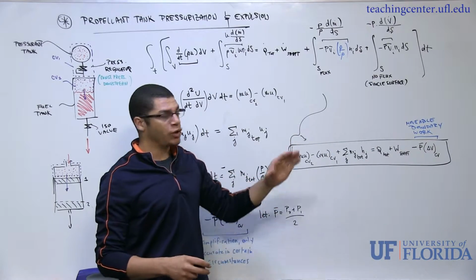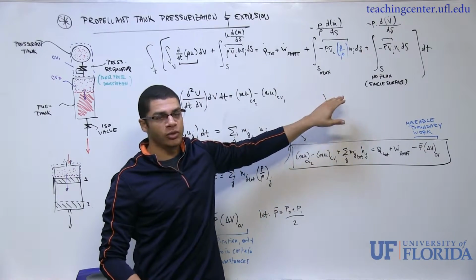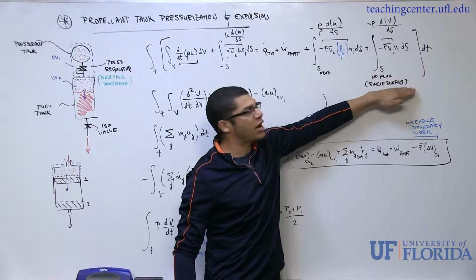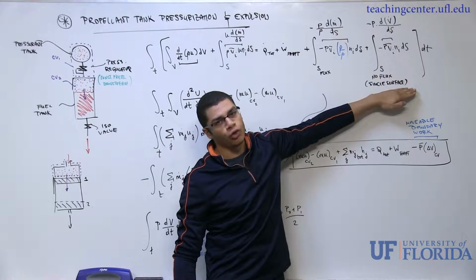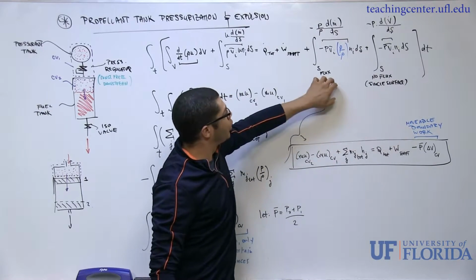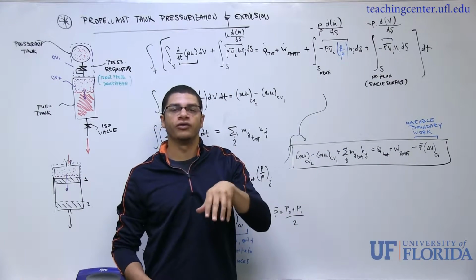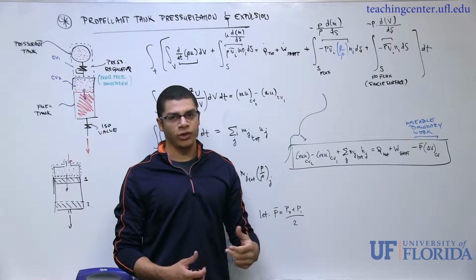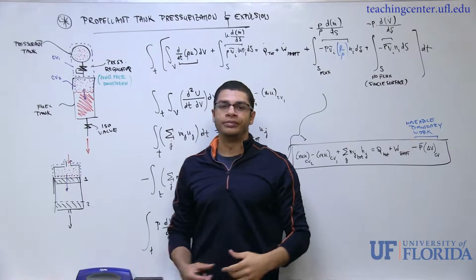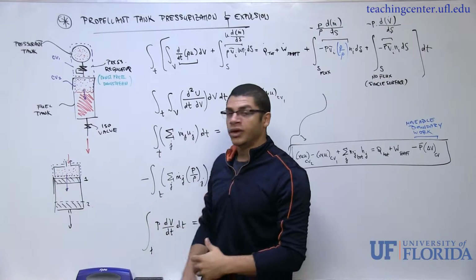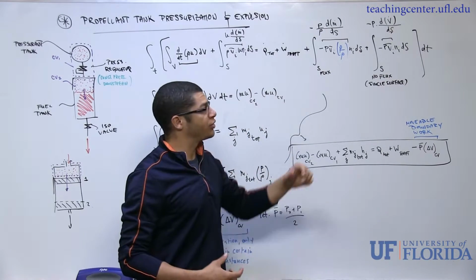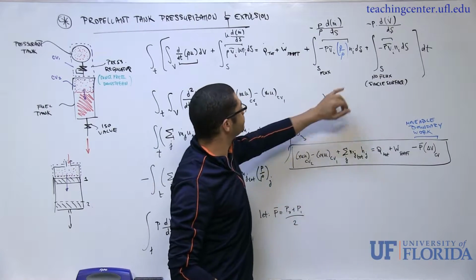But you may want to discriminate a little bit more and say this is boundary work associated with a deforming control volume, whereas this is boundary or flow work associated with a flux of fluid into the control volume. So in this particular example, especially in control volume 2, we're going to have both, and so we need to retain both of these expressions.